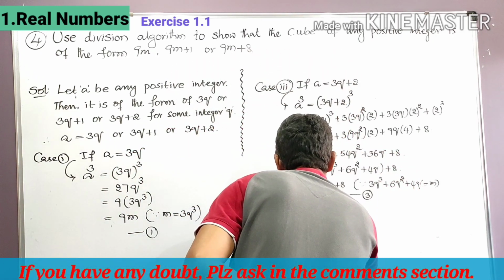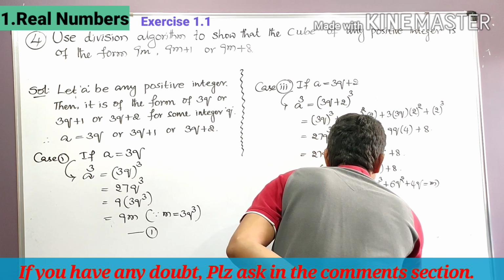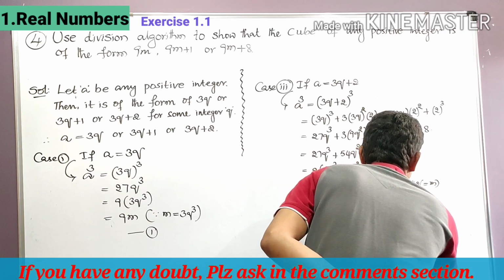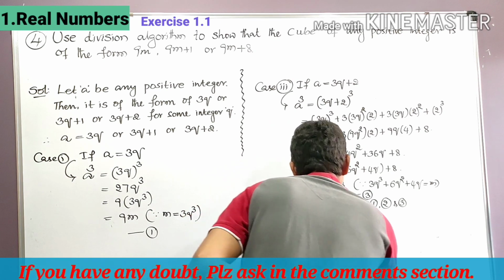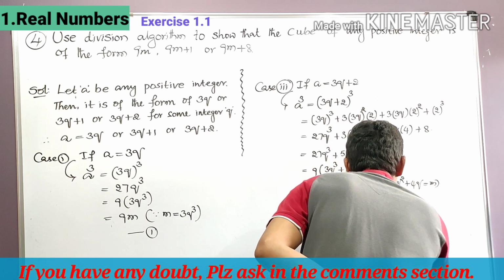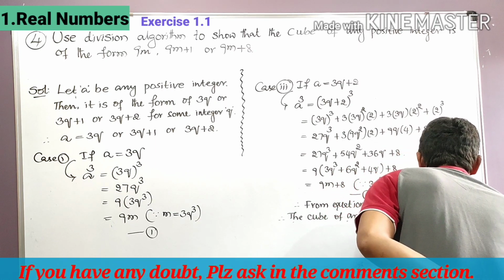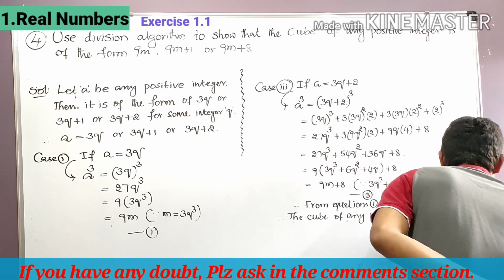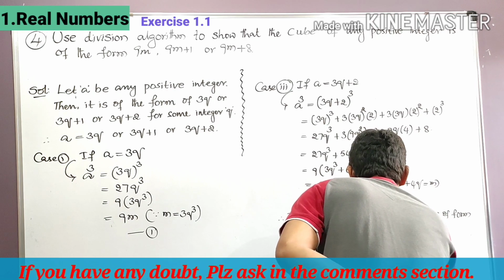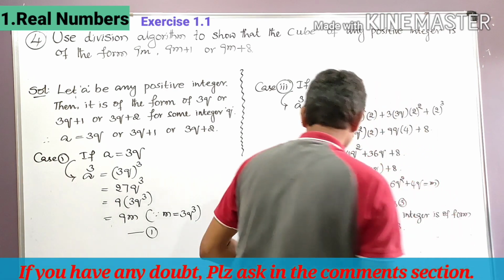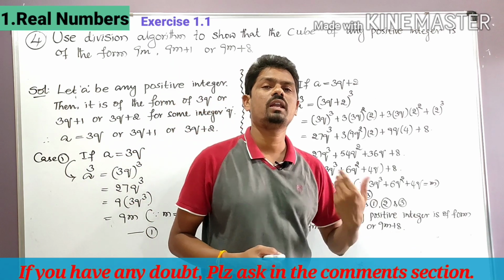Therefore, from equations 1, 2 and 3, the cube of any positive integer is of the form 9m or 9m plus 1 or 9m plus 8.